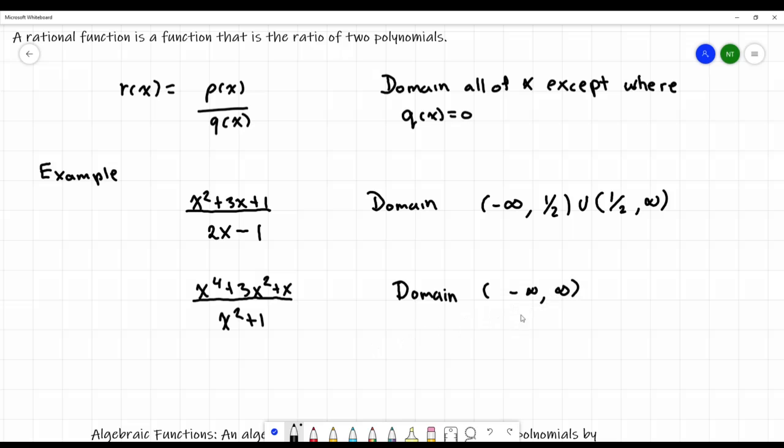Because there is no value where x squared + 1 is equal to 0. x squared is always a non-negative number, and a non-negative number plus 1 is not 0. So the domain is minus infinity to infinity. So that's a polynomial function, and this is a rational function. These are two types of functions we're going to see in the study of calculus.